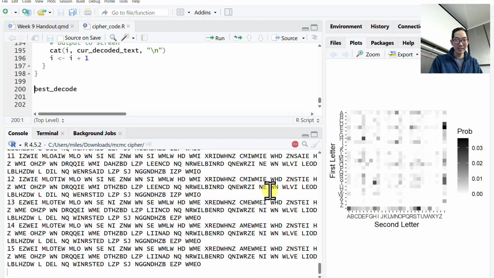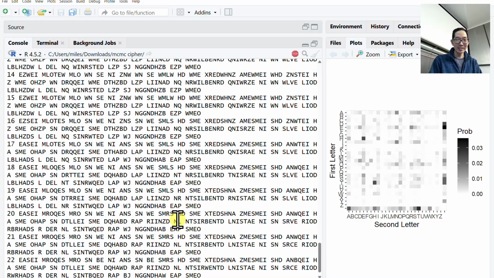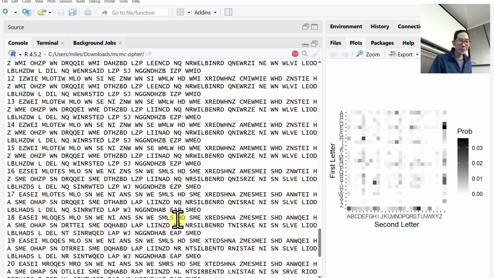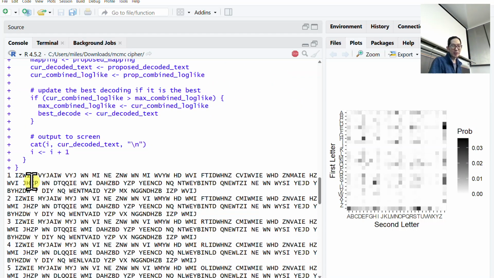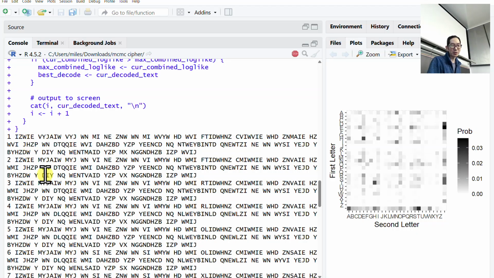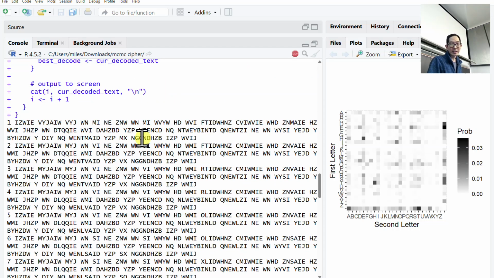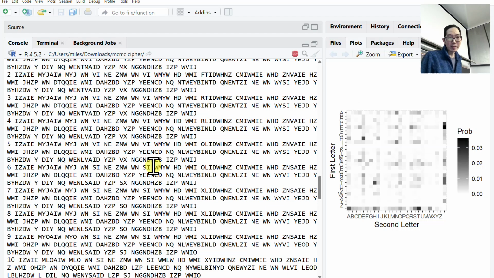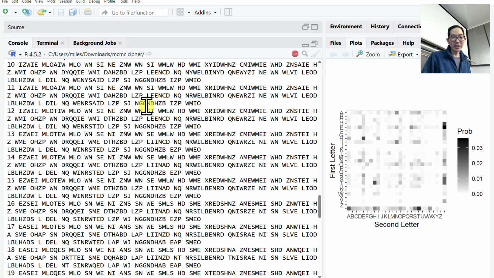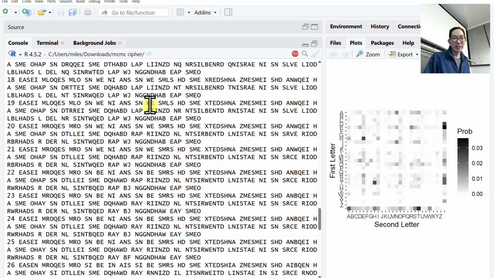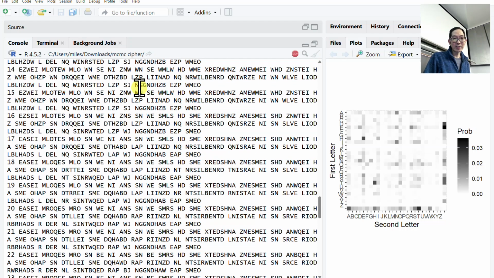And so it's running now, and it started off. This was the first proposed thing. It's total junk, but as it's going on, we see there's no way that's a real word, right? But then as we go on, it just proposes swaps so that instead of NGGNDHZB, now we have HAB, which feels better as a combination.